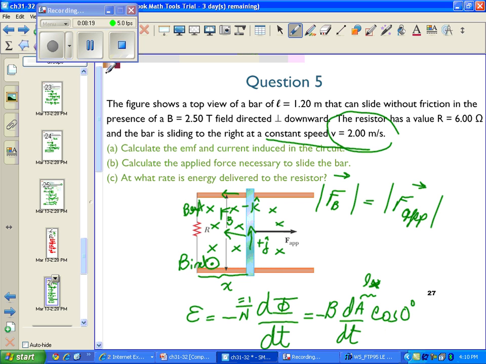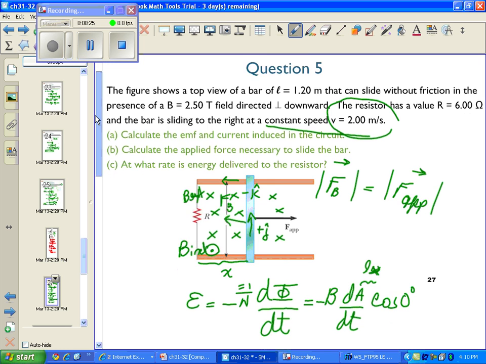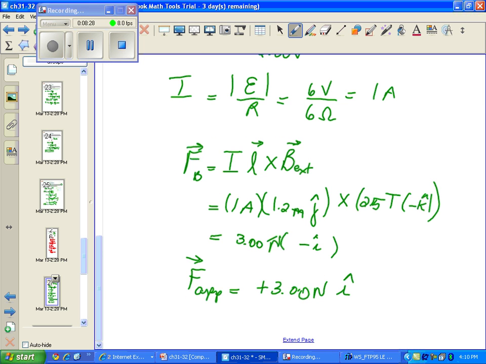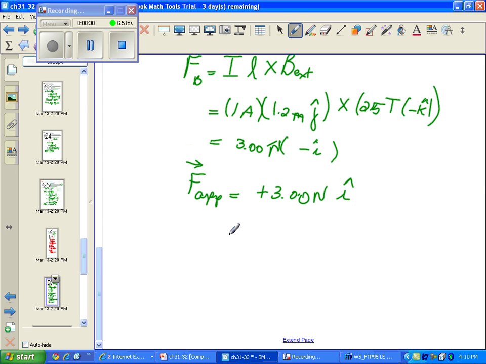Lastly, they want us to determine the rate at which energy is being supplied to the resistor. Well, we know that the rate of energy supply is the average power, and we can calculate it in 2 ways.